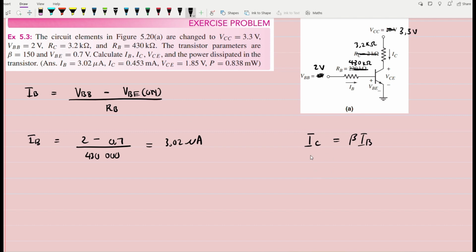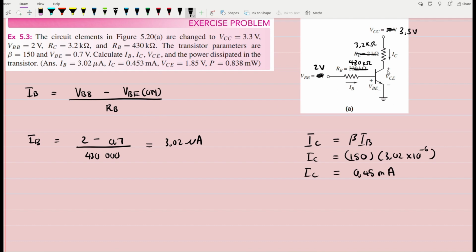So IC is equal to 150 multiplied by IB, which we found previously, 3.02 multiplied by 10 to the power of -6. So IC is equal to 0.45 milliamperes.